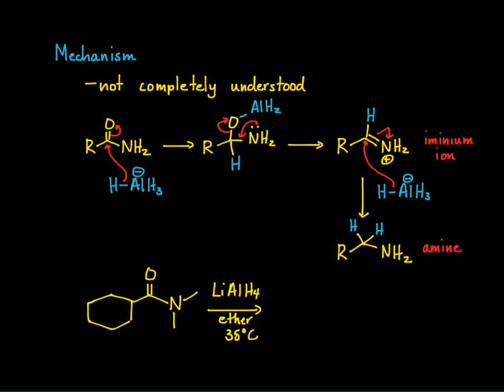So notice no water is actually required for this reaction in its workup. And you generate an amine. In essence, what's happening is that the carbonyl gets completely reduced to a CH2 group. And that sums up the reactions of amides.